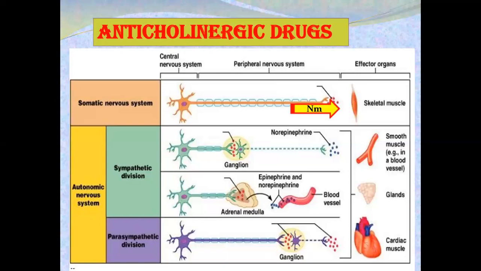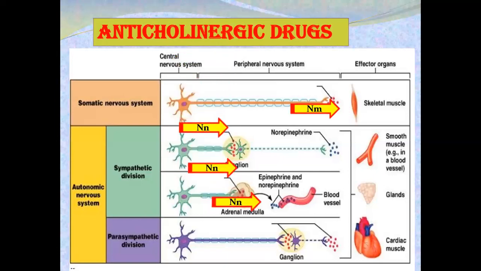Now, non-muscarinic agents work again at the effector point, where in the somatic nervous system, that is the peripheral nervous system, it hits the effector organ like the muscles.